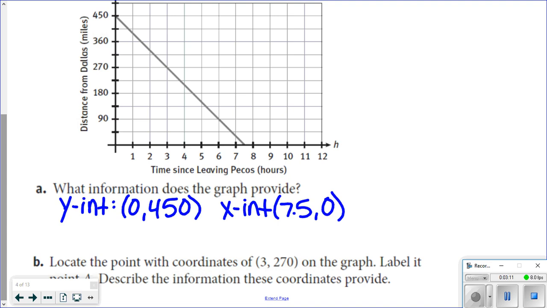So I noticed that my y-intercept is (0, 450). So 0 hours, the time since leaving Pecos, and 450 miles is the distance from Dallas. And my x-intercept is 7.5, which stands for the hours, or the time since leaving Pecos.